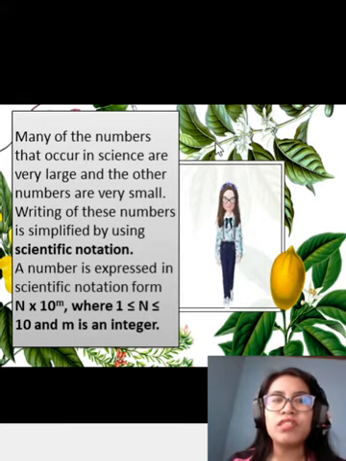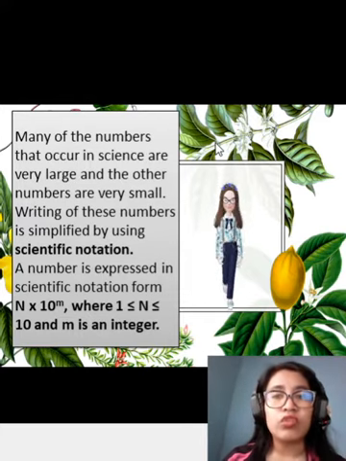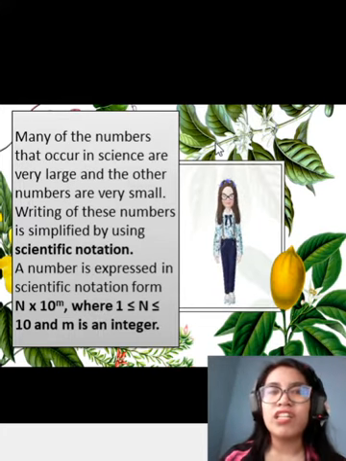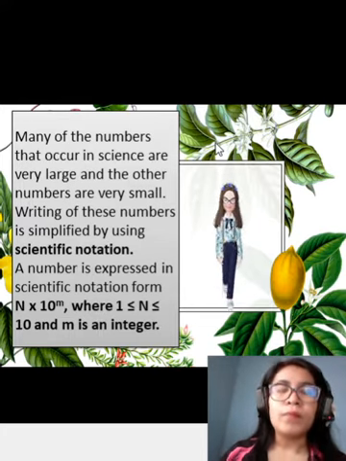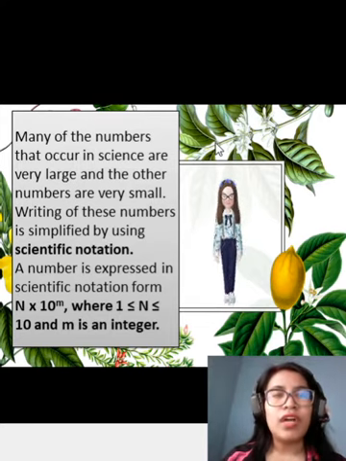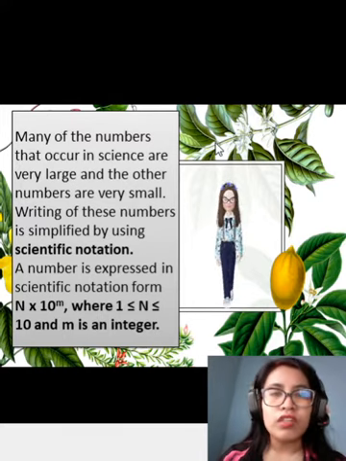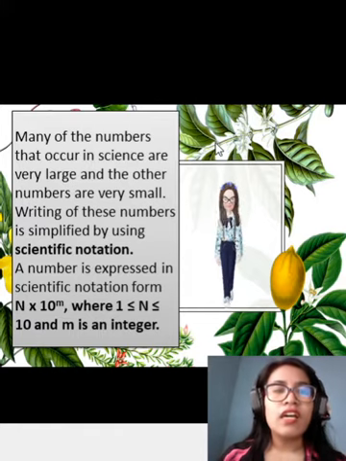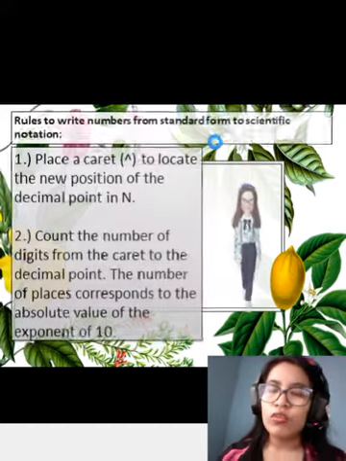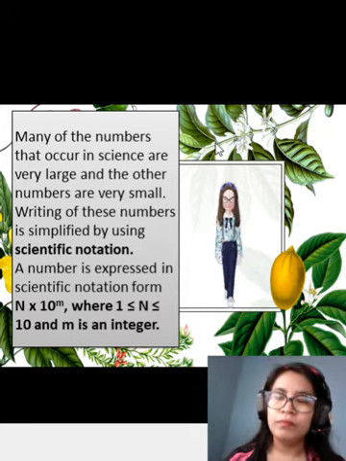Writing of these numbers is simplified by using scientific notation. That's why it is called scientific notation, because it came from the idea of science since they have very large and very small numbers. A number is expressed in scientific notation form. We have n times 10 raised to m. That m is your exponent, where there is a rule: n should be greater than or equal to 1 but less than or equal to 10, and your m is always an integer.